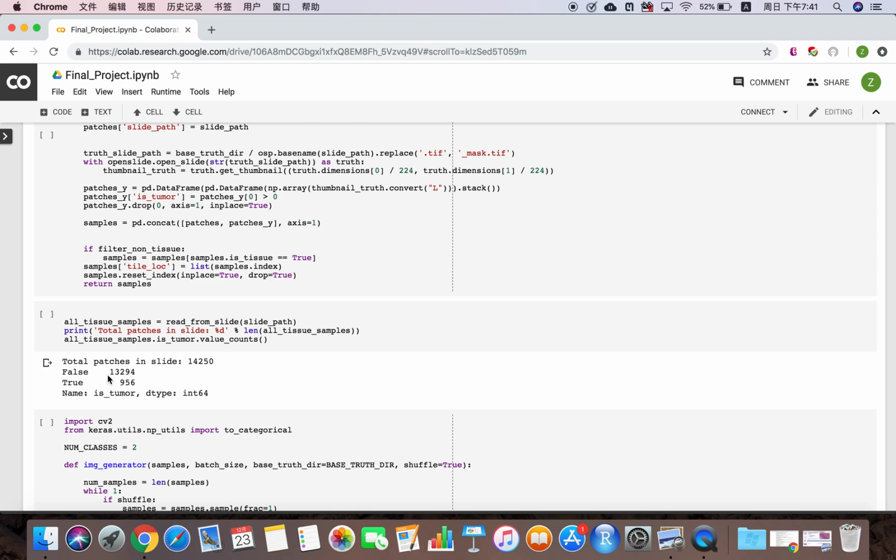As you can see, it is unbalanced data. The patches which contain tumors are only 6.7%. This means if I design a model that classifies all the patches as non-tumor, I could get an accuracy of 93.3%. This baseline is so high.